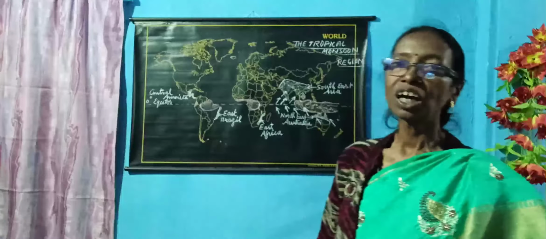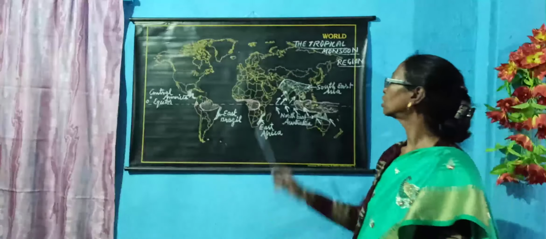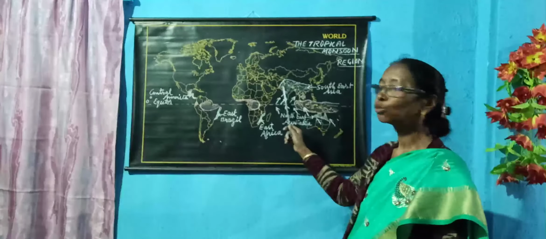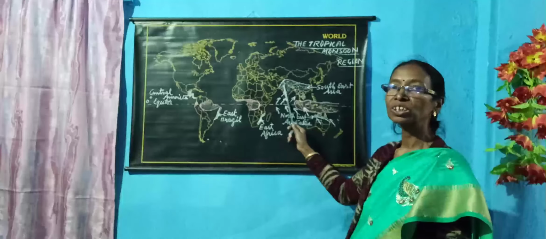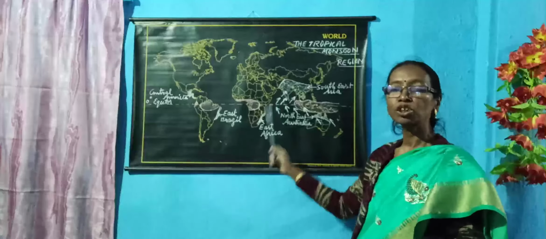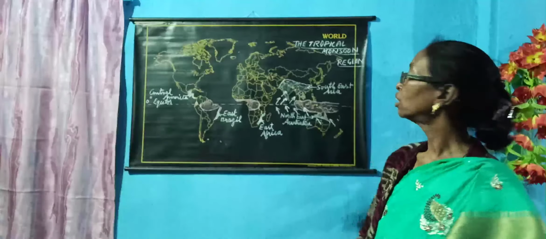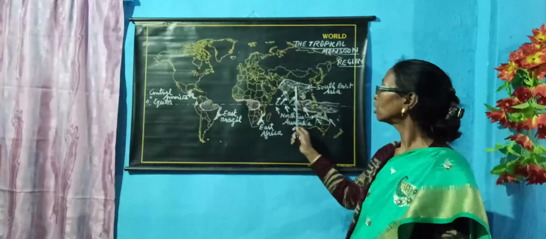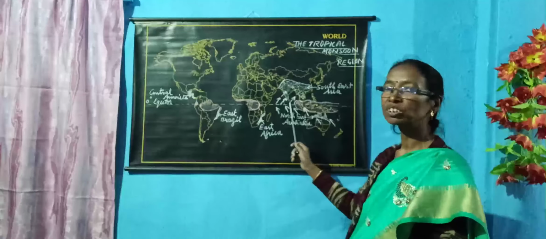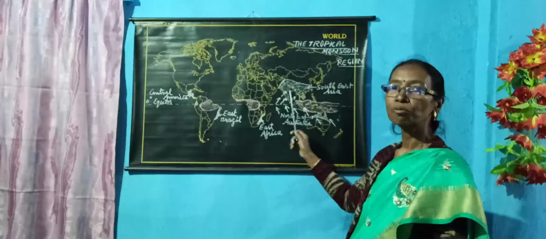And after September, the low pressure system becomes weak as temperature starts to decrease. So due to the low temperature, in the months of October and November, it becomes weaker, and there is no effect of this southwest monsoon in India.